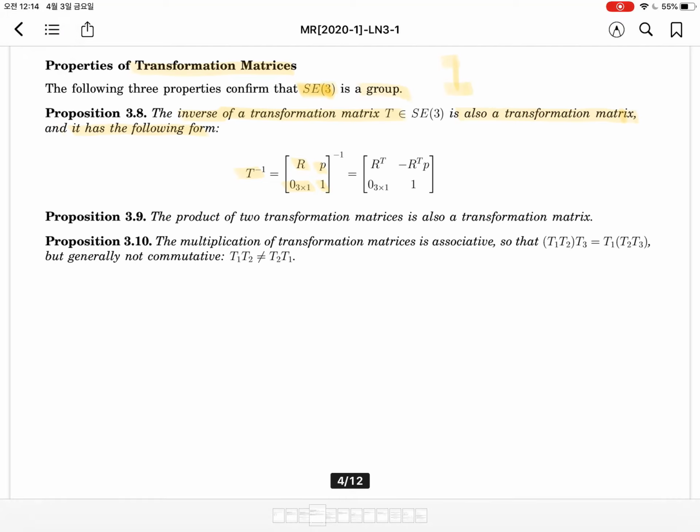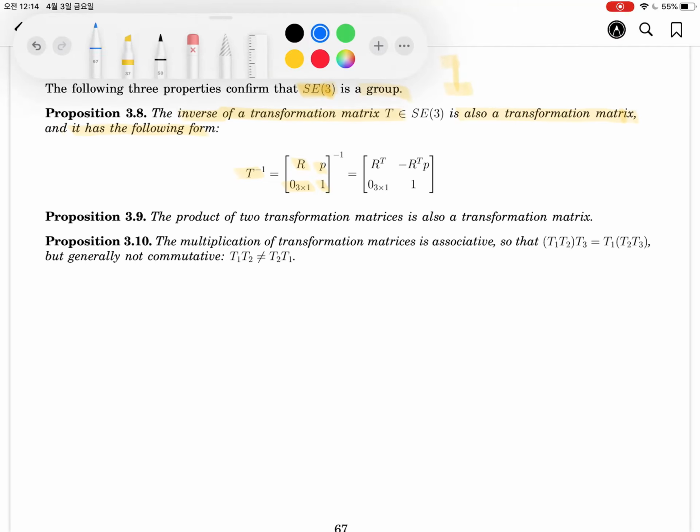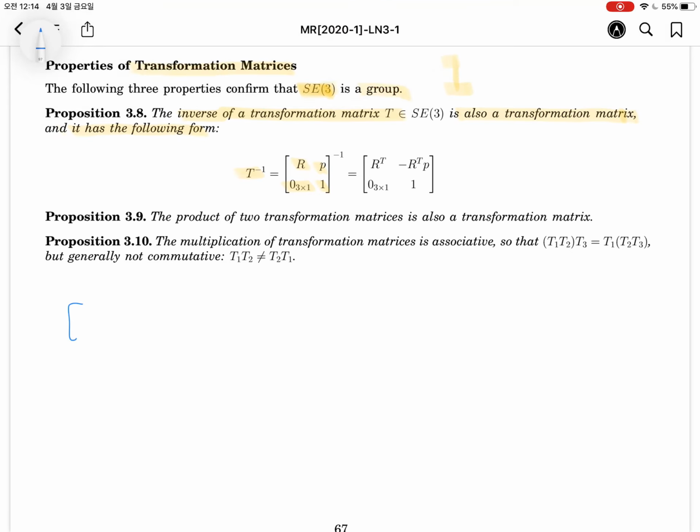Let's write down the inverse in general. Let's consider a block matrix with A, B, 0, and C. At that time, the inverse can be obtained: A inverse, minus A inverse B C inverse, and 0, C inverse. This is the block matrix inversion of a 2x2.